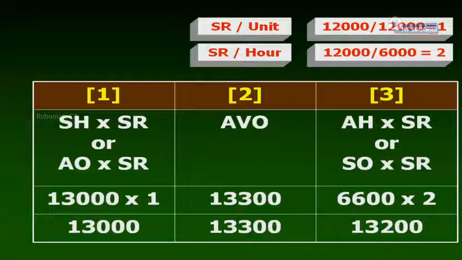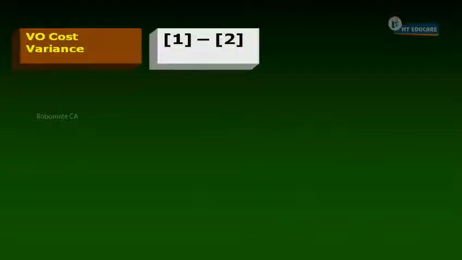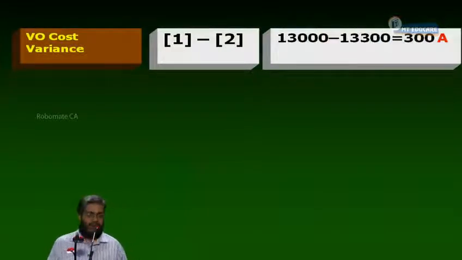Next. Step 3. Variance calculation. In the center, right, variable overhead cost variance: 1 minus 2. What is 1 minus 2? 300 adverse.